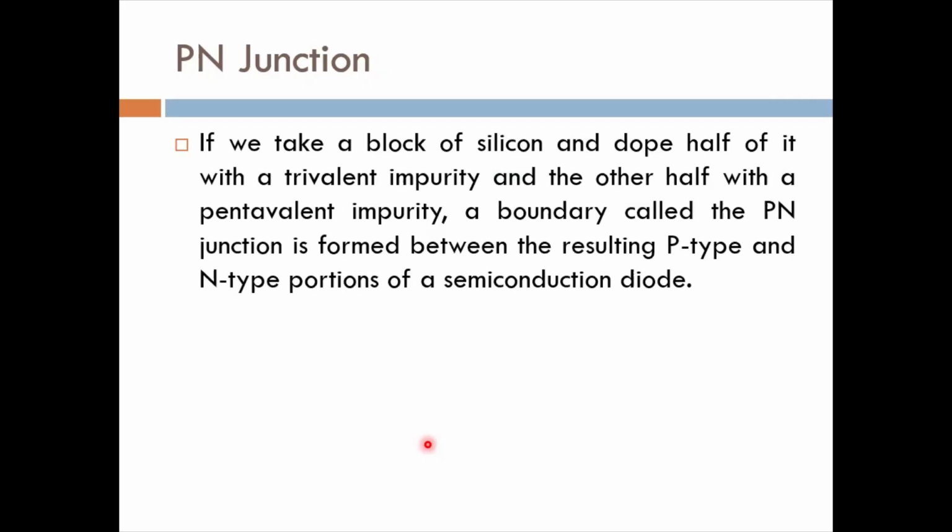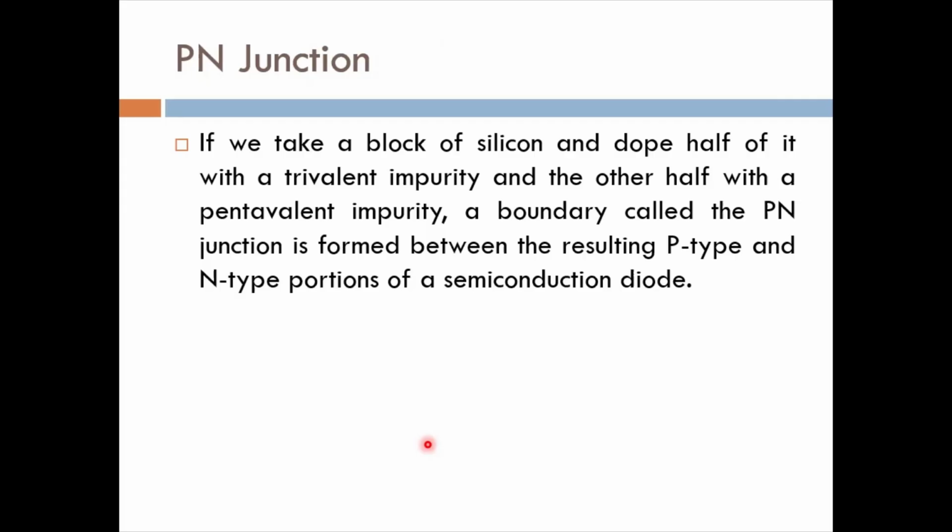So if we take a block of silicon, dope half of it with trivalent impurity, this will be P-type material. The other half with a pentavalent impurity will be an N-type material. And now this boundary will be called the PN junction, where both types of materials are meeting and will result in a semiconductor diode. That will actually be a diode.